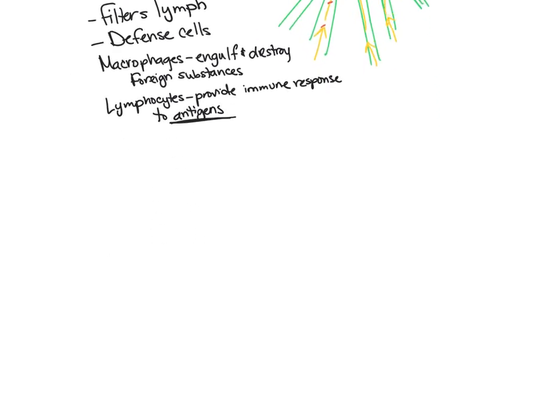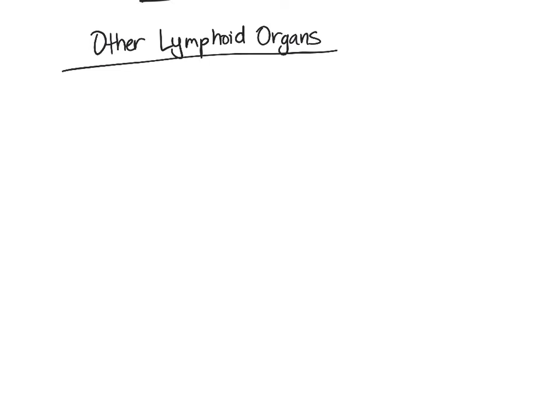All right, so now we're going to spend some time talking about those other lymphoid organs. The first one that we are going to talk about is the spleen. The spleen is located on the left side of the abdomen.